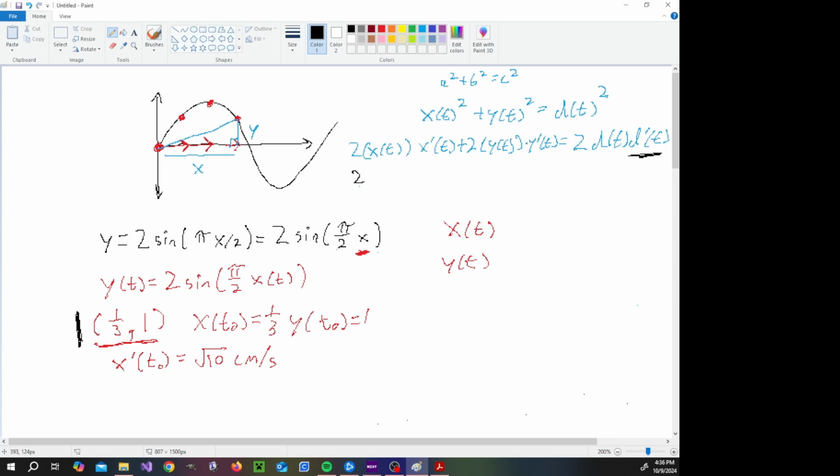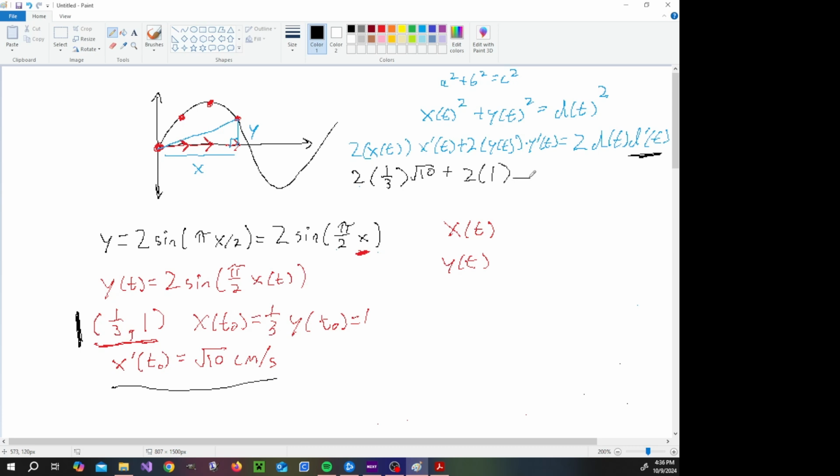Now it's safe to plug in those values. So this is 2 times 1/3 and 2 times 1. Now x prime, it tells us at this time the x coordinate is changing at a rate of square root of 10 centimeters per second. So my x prime is square root of 10.